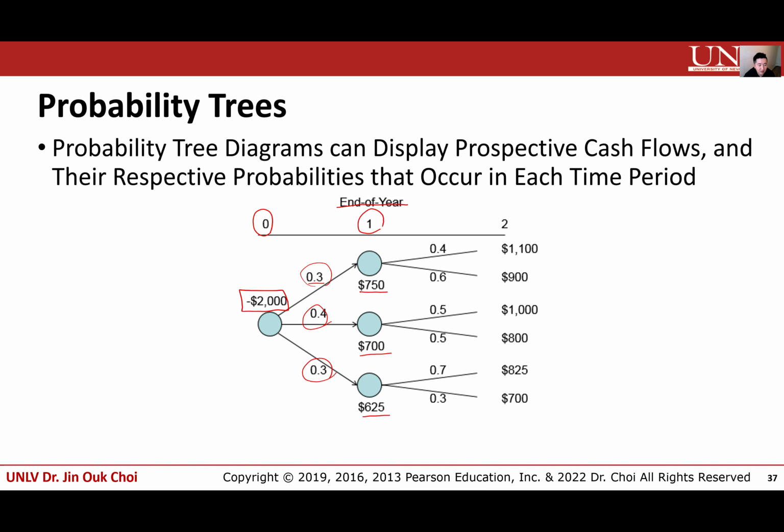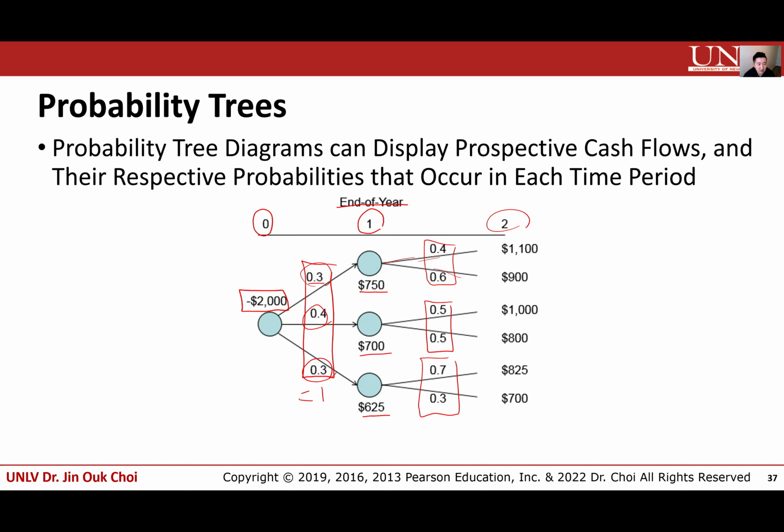$625. Okay, always when we have this kind of tree, when we add them up, it should give you 1, which is 100%. Later on, you can see also when we have the trees extending to year 2, when we add these, it's going to be 1, also going to be 1, and also going to be 1.